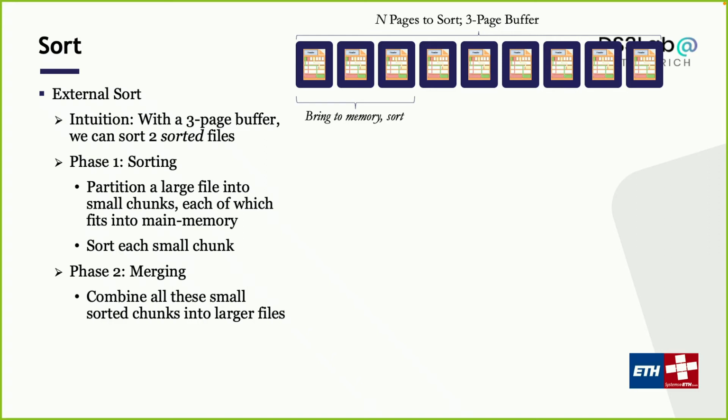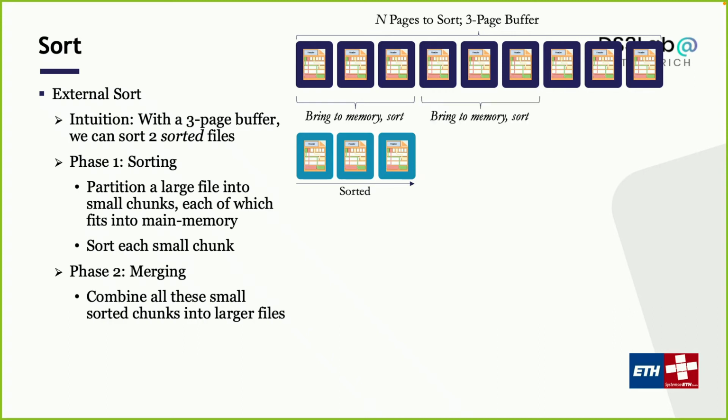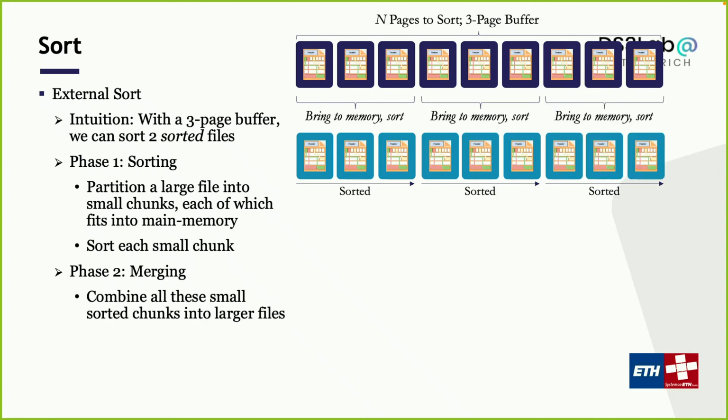I'm able to hold them because I have 3 pages in my buffer. I bring 3 pages to my buffer and then quick sort them. I just call quick sort, and it's done. I write them back. I bring the next 3 pages to my buffer, I sort them, then another batch, I sort them. I have a whole bunch of chunks now.